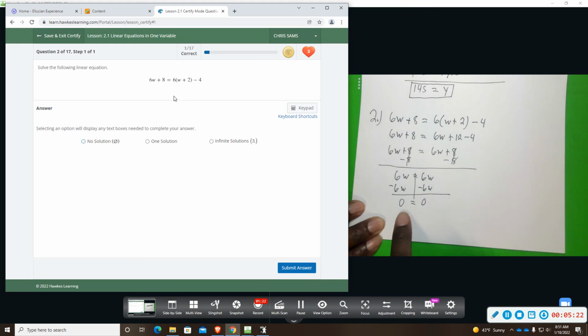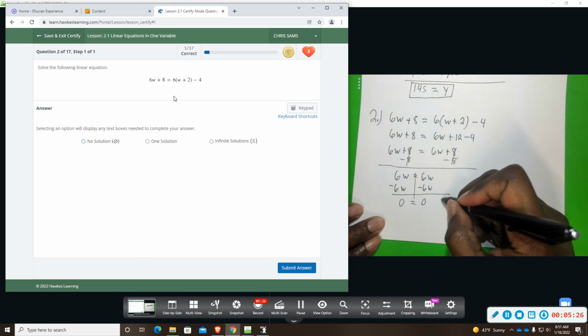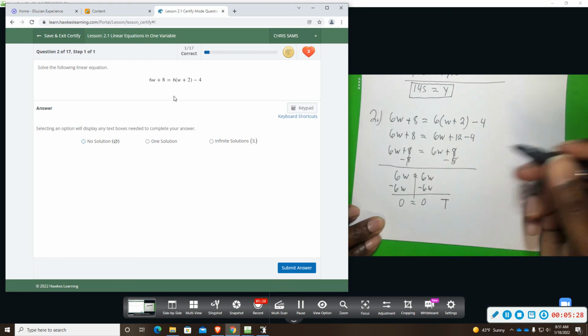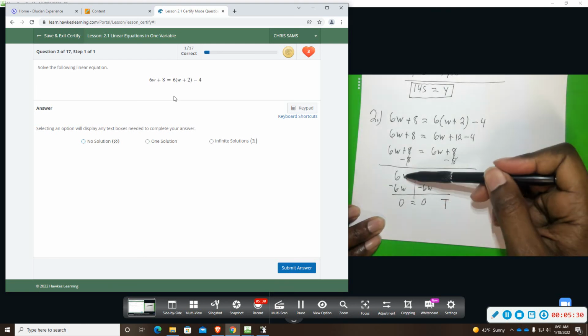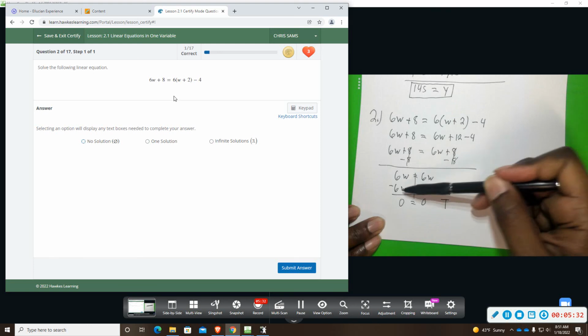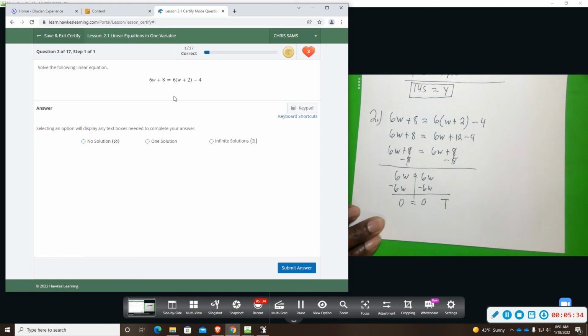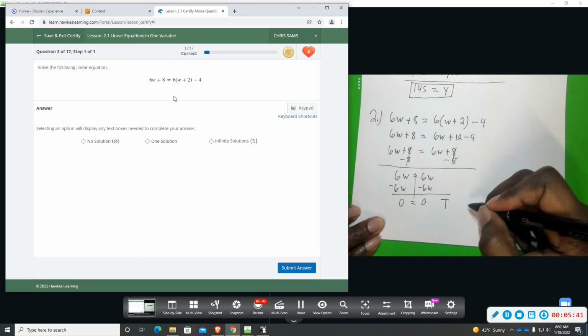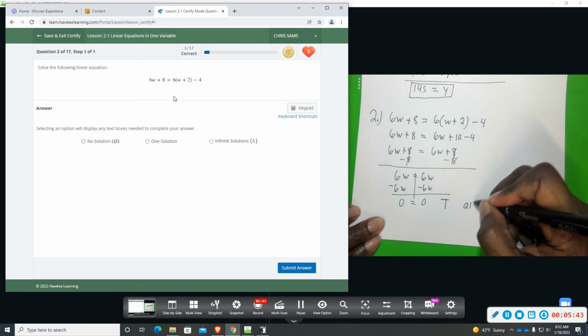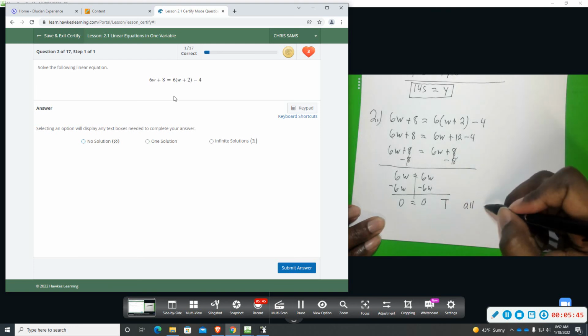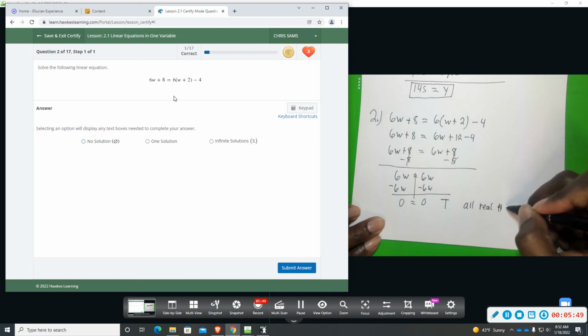Okay, so anytime you get 0 equals 0, this is a true statement. So what happens is, if you cancel out your variable, so this time I had w, it could be any letter, t, y, x, whatever. If you get a true statement, that means all real numbers. That means any number that you plug in for w will work out. All real numbers.